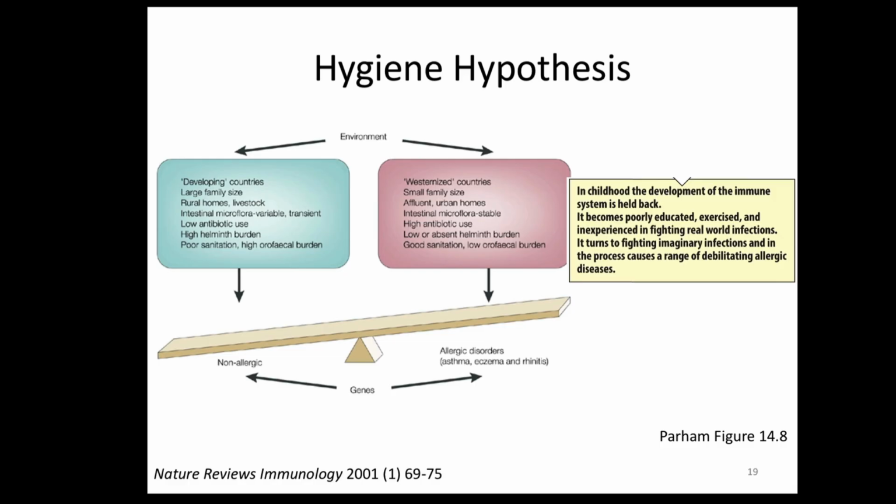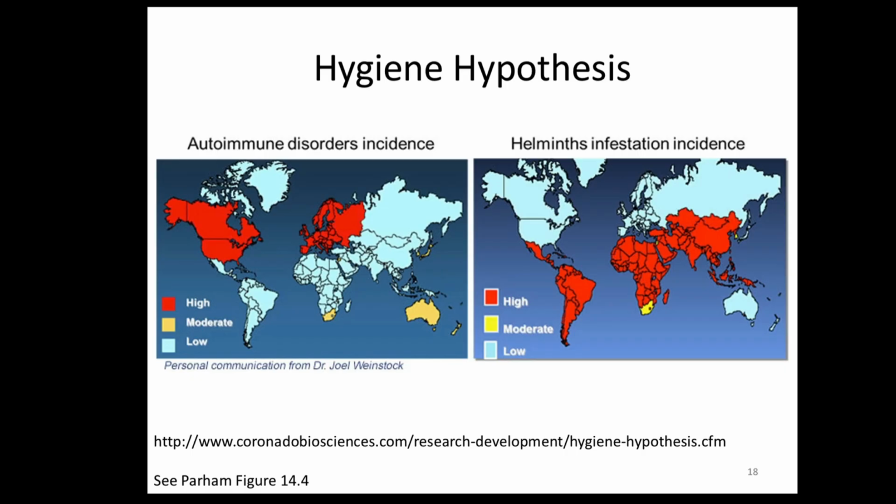I will say that there is also an alternative explanation for what's going on with the hygiene hypothesis. There are some people who say that this is not a deviation thing in quite the same way when you see this type of response. These individuals say that, and this is also relatively true, that helminth infection is generally immunosuppressive.